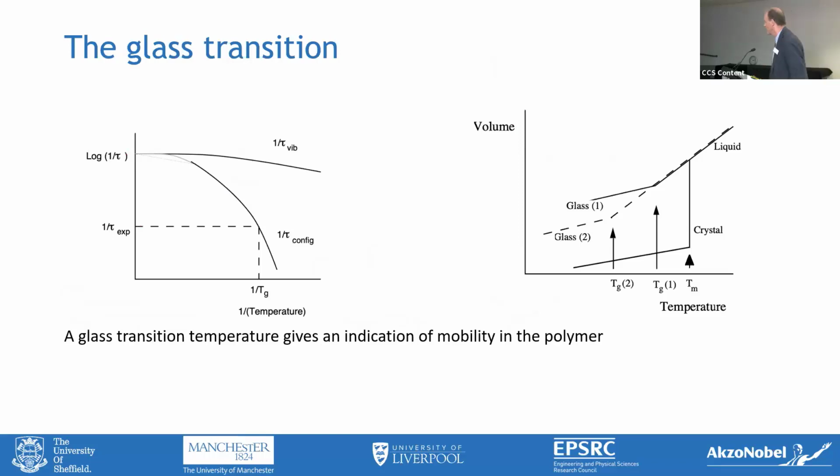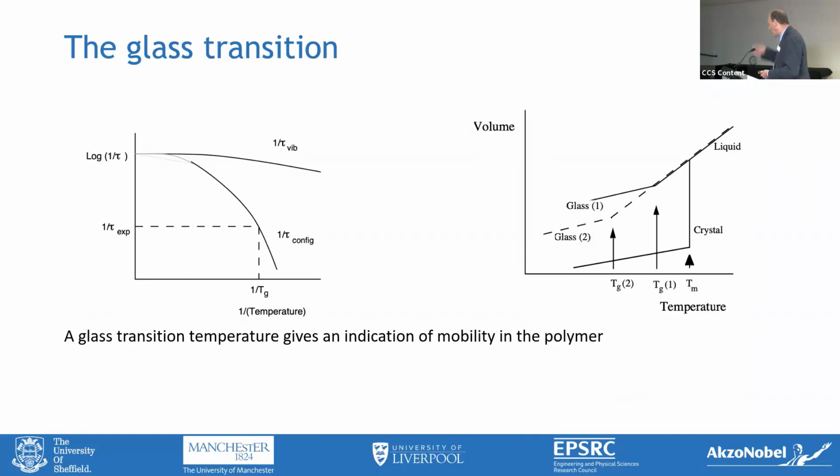The glass transition temperature, as elementary polymer physics tells us, is an indication of mobility in the polymer, because the glass transition takes place when the time scale for those configurational changes drops below the experimental time scale. And because all the motions in a bulk sample have the same temperature dependence, the glass transition takes into account all the types of motion that the polymer can have, small wobbles and big wobbles.